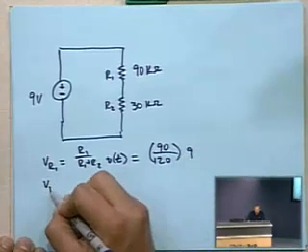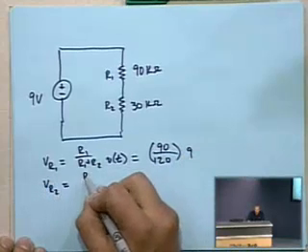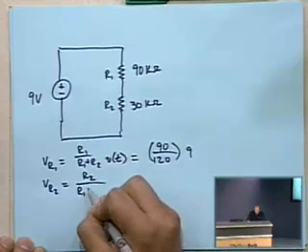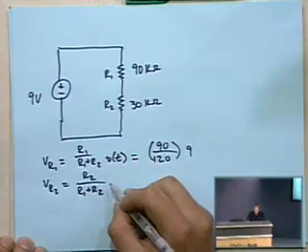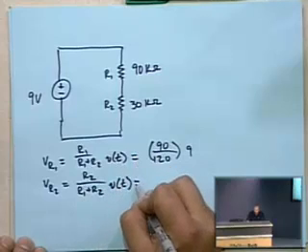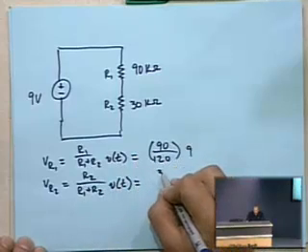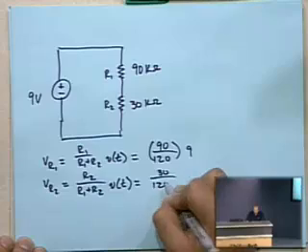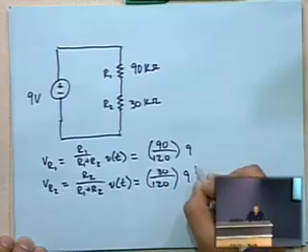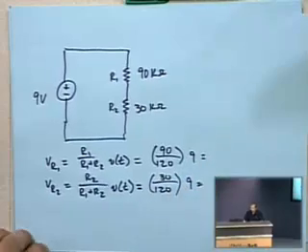And we've got VR2, which is going to be R2 over the sum of the resistances, R1 plus R2, multiplied by that source voltage. So that's going to be 30 over 120 times 9. Let's see, 9 over 12 times 9.